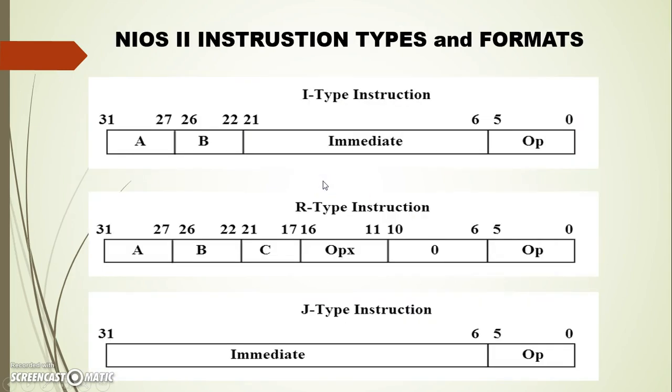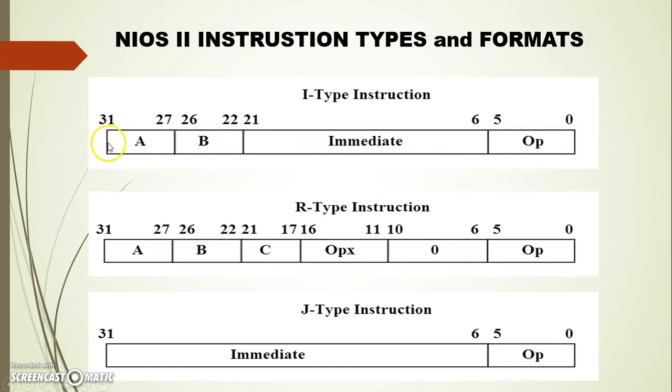Now let us talk about the NIOS II instruction types and formats: I-type instruction format, R-type instruction format, and J-type instruction format, just following the basic MIPS instruction types. Each and every field here has its own dedicated operation.